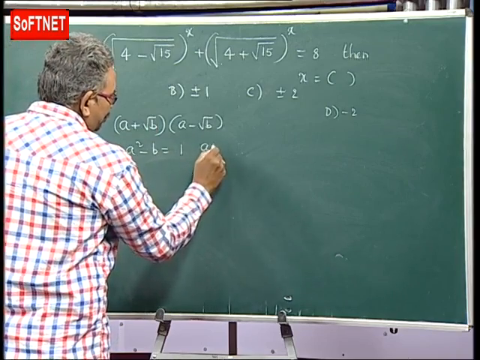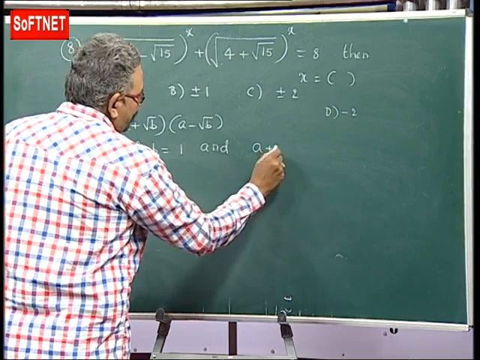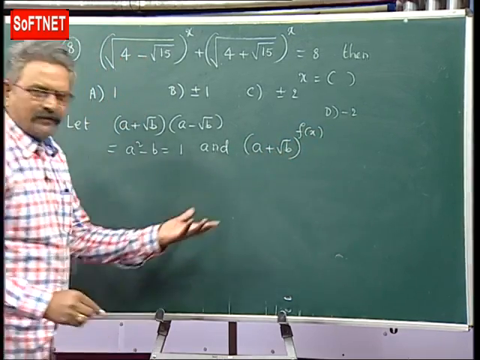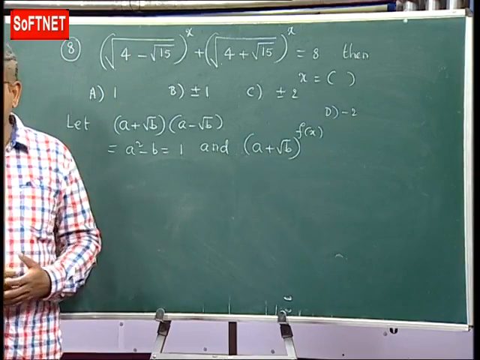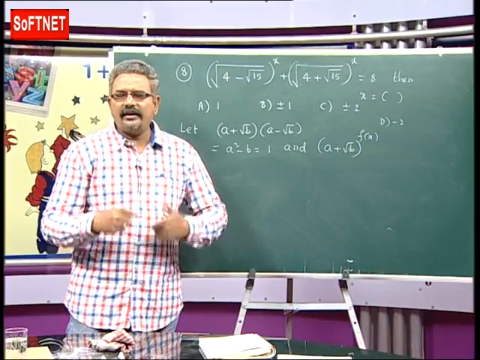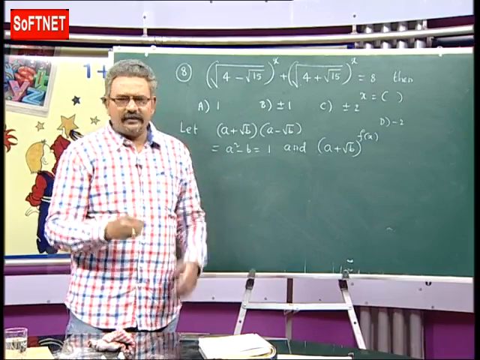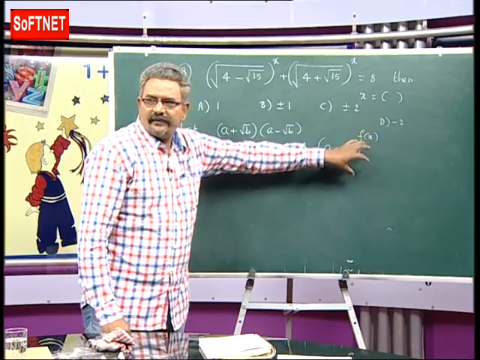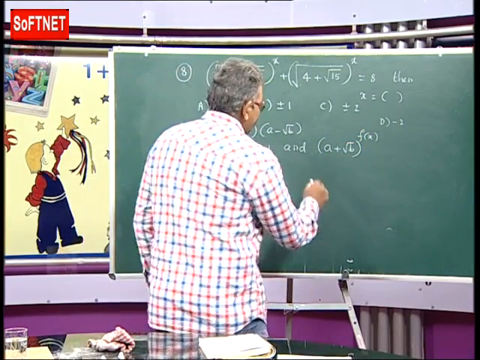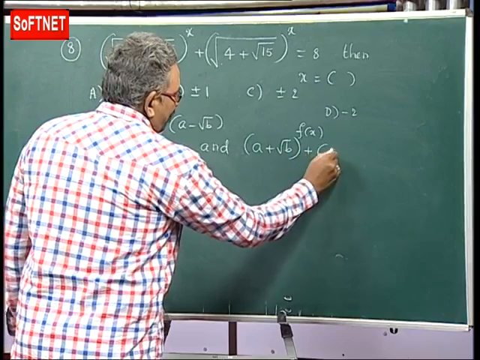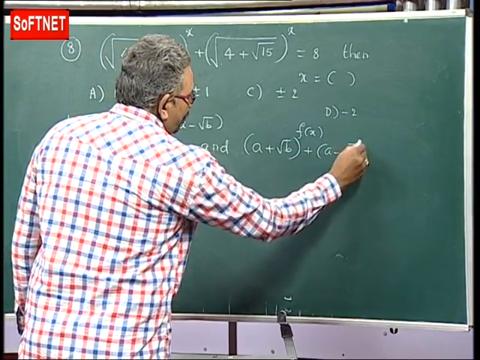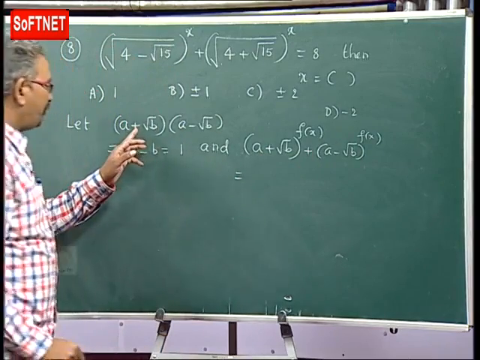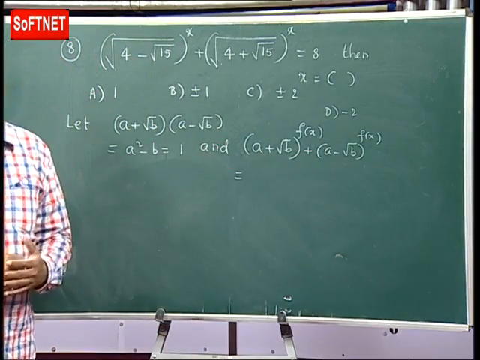And a plus root b whole to the power of some function of x, whatever it may be. It may be a linear equation or quadratic equation or anything, cubic equation. Here we have x, linear equation, no problem. So say function f of x, plus a minus root b whole to the power of f of x, that should be equal to the sum of these two, a plus root b plus a minus root b, 2a.